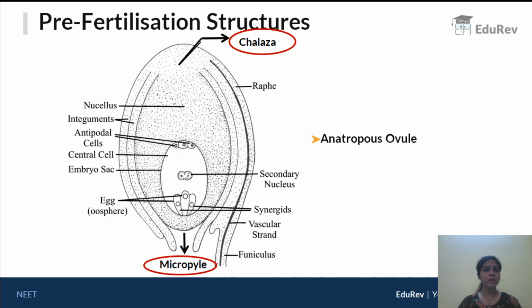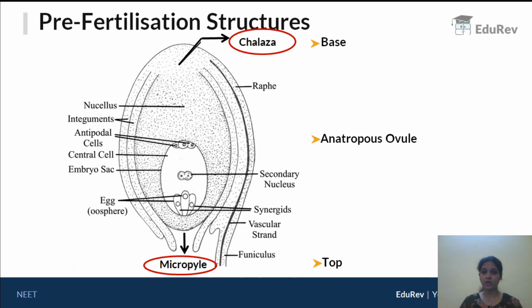This anatropous ovule is actually an inverted ovule. And since it is an inverted ovule, though we draw it in this particular form for simplicity's sake, and according to this figure, the chalaza seems to be on top and the micropyle seems to be below, if an anatropous ovule is actually an inverted ovule, the chalaza, technically speaking, is the base, and the micropyle, technically speaking, is the top portion. So we need to remember this part.